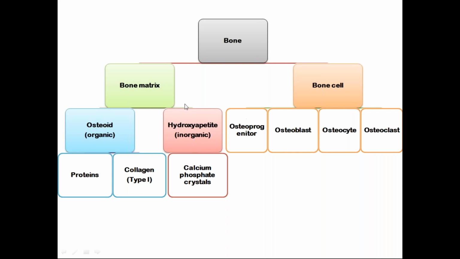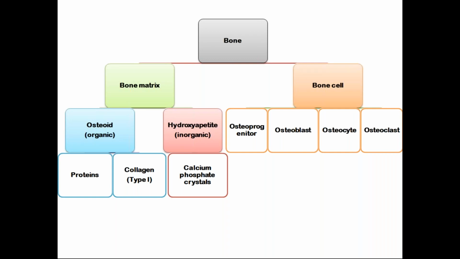Okay. And what is hydroxyapatite? Hydroxyapatite is an inorganic thing, like your elements or metals, non-metals, they are called inorganic things. And organic is something which is made by the cell. That is why it is organic. And organic things are biodegradable.